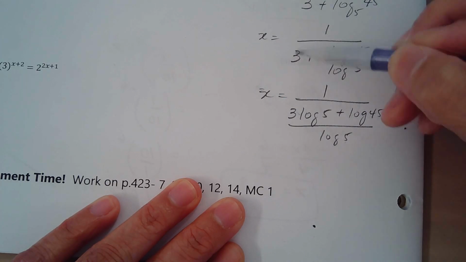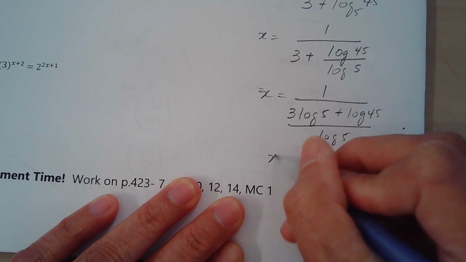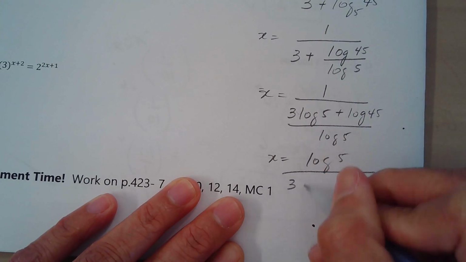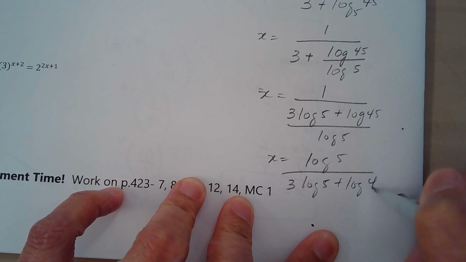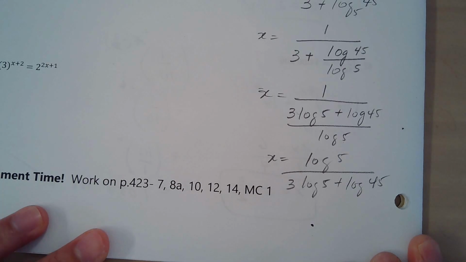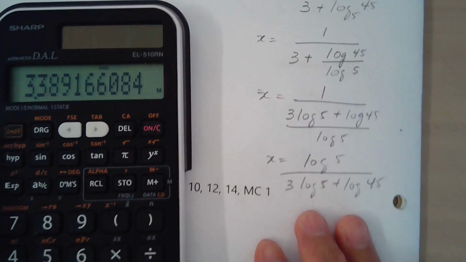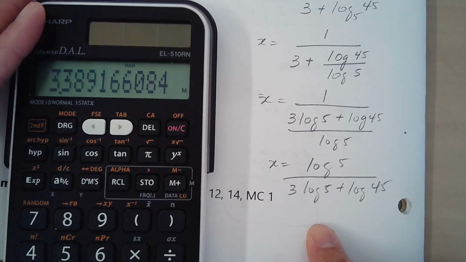So if we add these two, they have to have the same denominator, so I had to multiply by log of 5. This is a totally different approach compared to my other notes, but let's see what number we come up with.